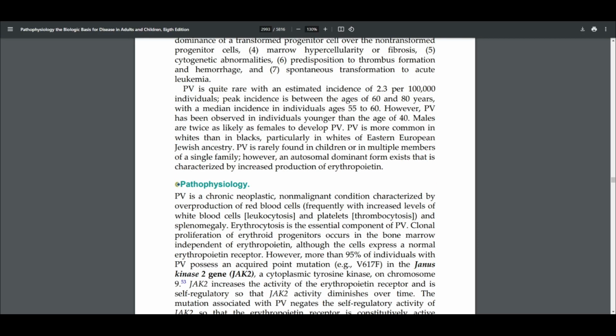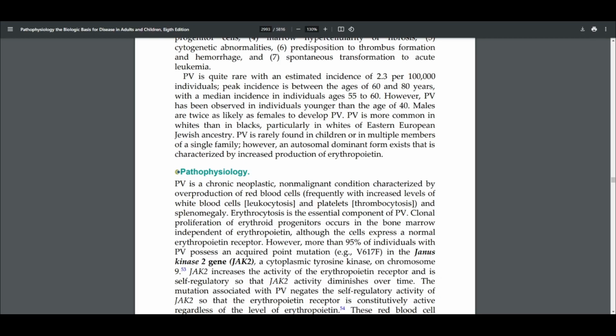PV is quite rare with an estimated incidence of only 2.3 per 100,000 individuals. Peak incidence is between the ages of 60 and 80 years, with a median incidence in individuals aged 55 to 60. However, PV has been observed in individuals younger than the age of 40.